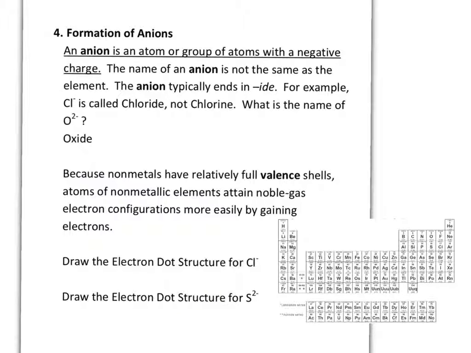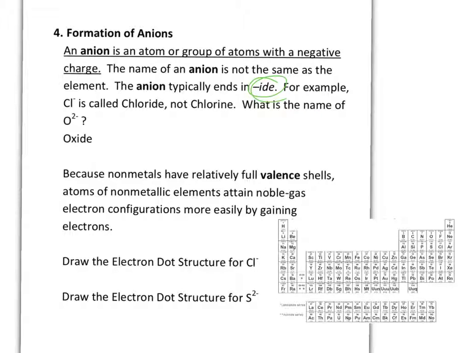Now, formation of anions. An anion is a group of atoms or an atom with a negative charge. The way that you name anions, though, is not the same. In an anion, typically the name will end in "ide". Okay, so "ide" is added at the end.